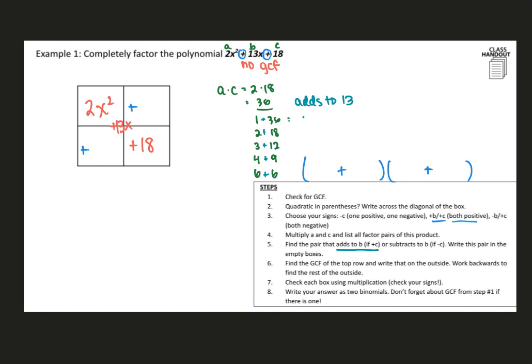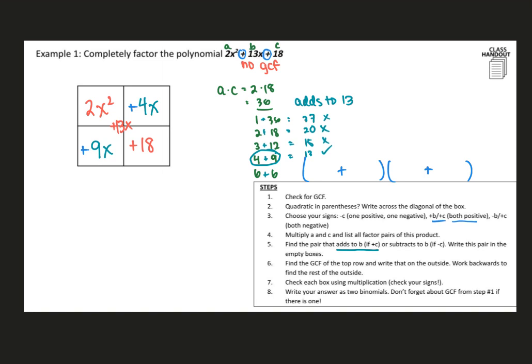So 1 plus 36 is 37, so that's not it. 2 plus 18 is 20, so that's not it. 3 plus 12 is 15, that's not it. 4 plus 9 is 13. Bingo. So we know that this is going to be our magic pair that multiplies to make 36 and adds to make 13. So now we're going to put those numbers in our empty boxes. So this is going to be 4x, and it doesn't matter where you put them since they're both positive.